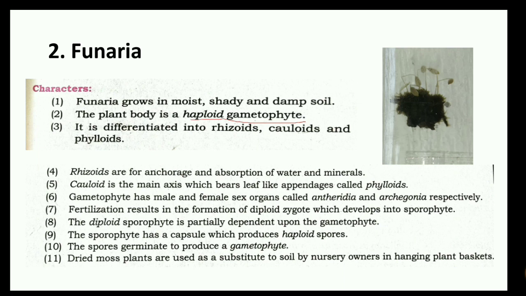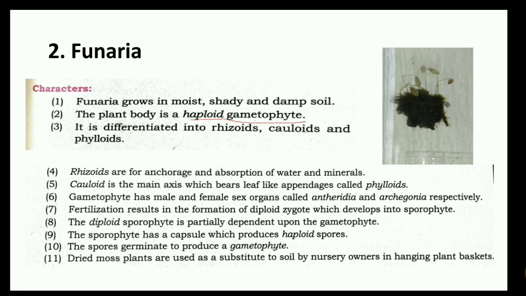Is that understood? Okay, now the next thing that we are going to discuss is with respect to the reproduction. So here the sexual reproduction, how does it take place? Now, as I said, it is a gametophytic plant body. That means it is going to produce male and female gametes.